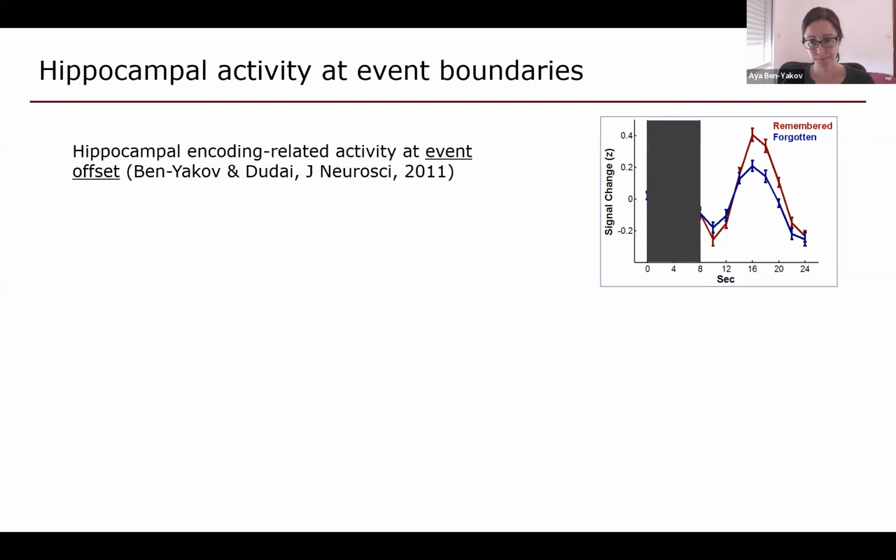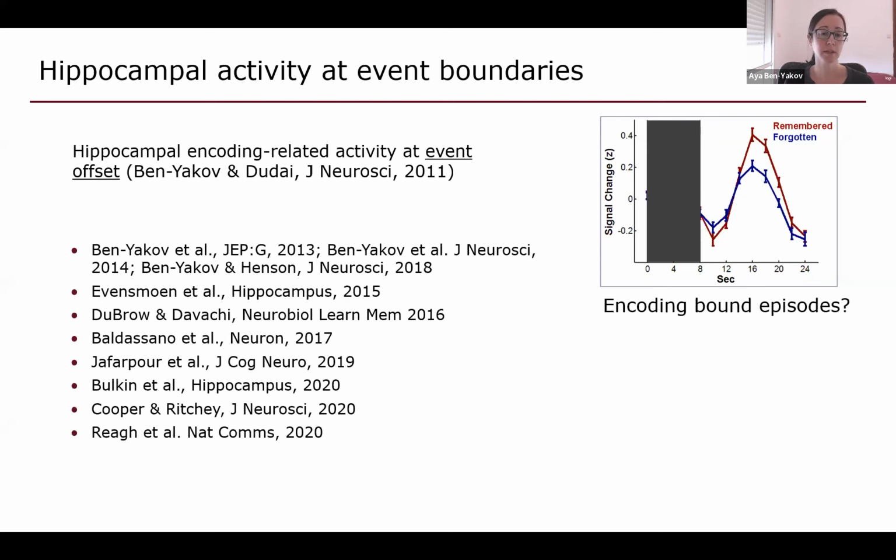And you'll see here, if we cover the clip for a moment, this looks like a canonical response, suggesting that indeed the response is to the offset. This led us to suggest that maybe this encoding activity reflects encoding of bound episodes, that at these boundaries we save the preceding event to memory as a chunk. Since then, there have been numerous studies, only a few of them here, that have found that the hippocampus responds at boundaries between events, at the offset of events.